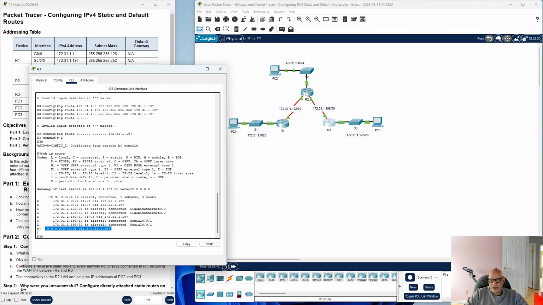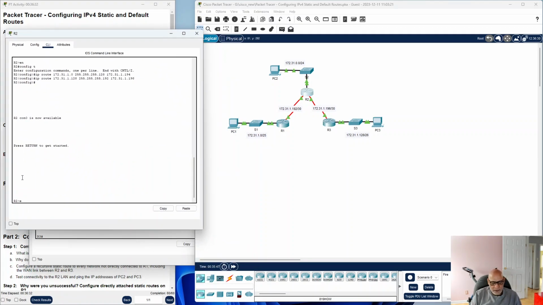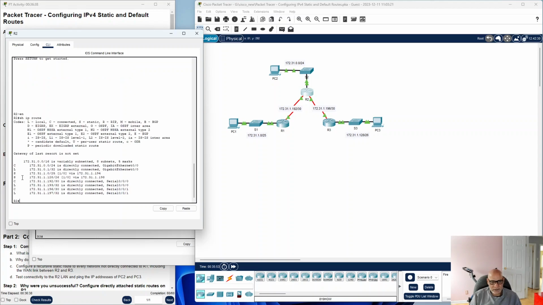So here we have all 3 routes plus the default route. And if you go to R2, let's do the same thing here. Enable, show ip route, and you can see in R2 we have 2 static routes here. Okay, C means directly connected network, L means link address of the interface.